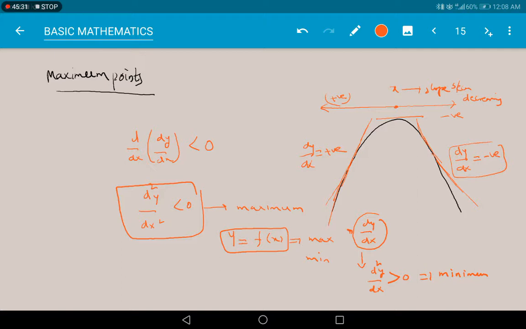After simplifying, you are going to get one x value. Substitute this x value in the function, you are going to get the minimum point. If d square y by dx square is less than 0, after simplifying you get one x value. Substitute this x value, you are going to get the maximum value of the function. Let us take one example.